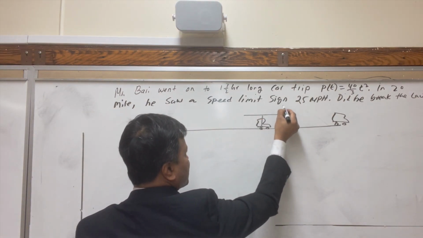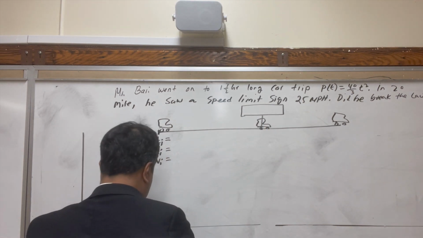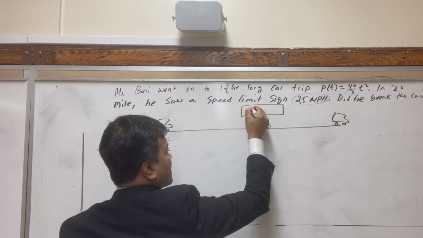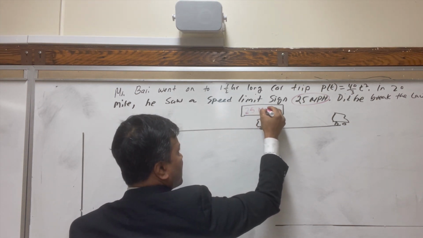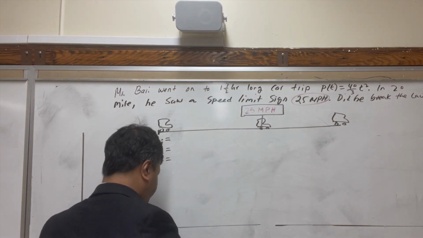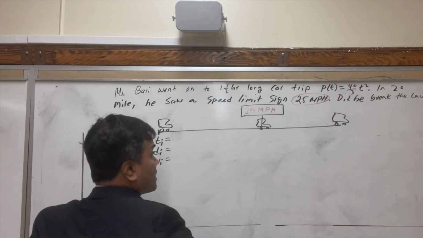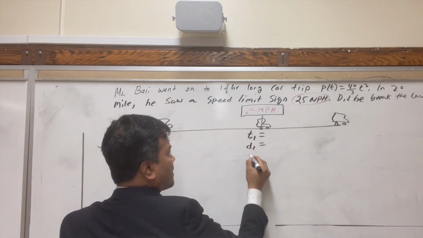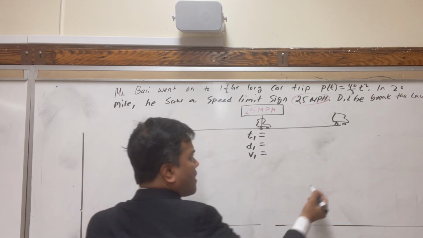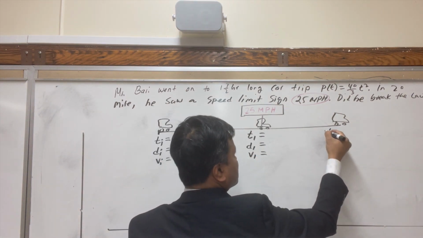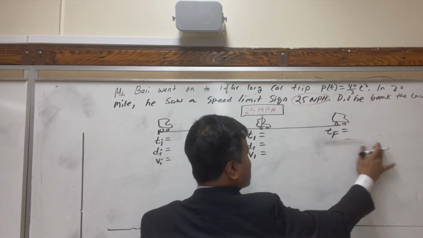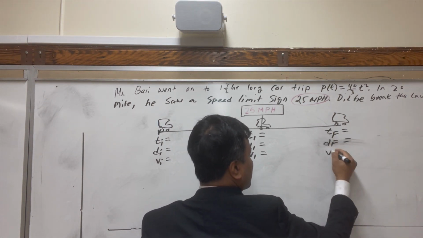So there is a speed limit sign, and that is 25 miles per hour. So we're going to say T1, D1, velocity 1, and the final: T final, D final, V final.